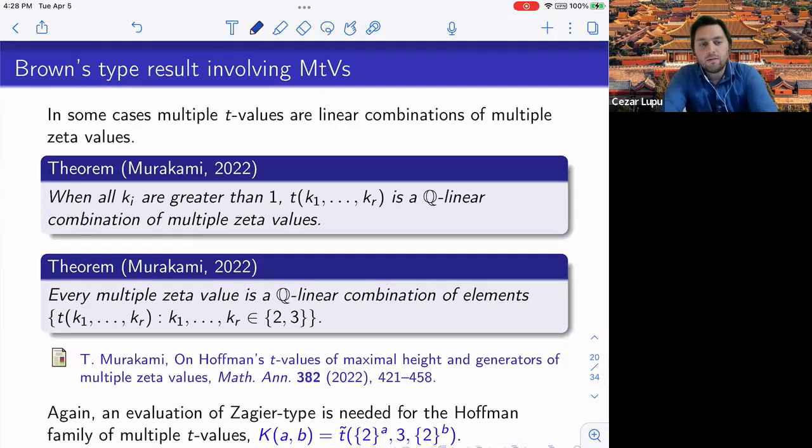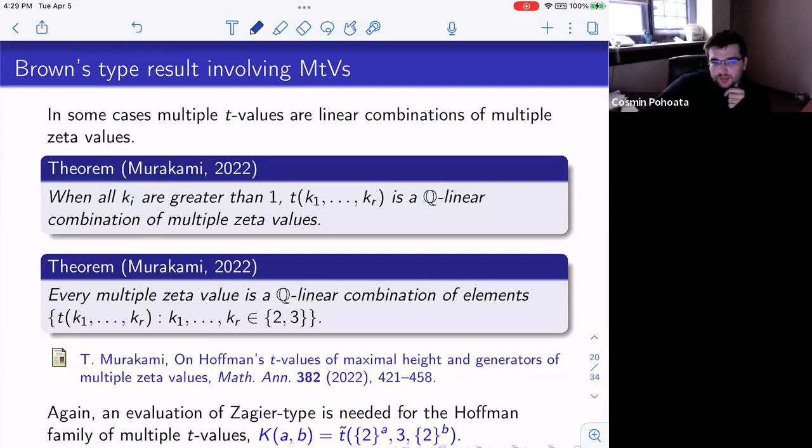So he considers the motivic multiple t values, and then he takes the period map, and then he wants an identity, and then he goes like, okay, the motivic setting is limited, so we have to go through this kind of evaluation like Zagier did.